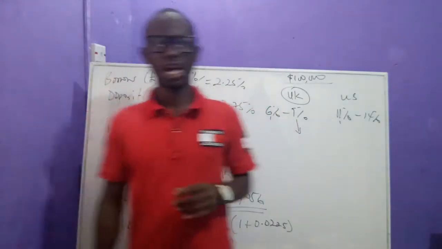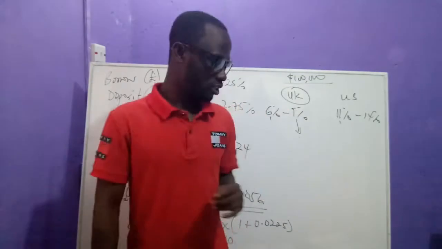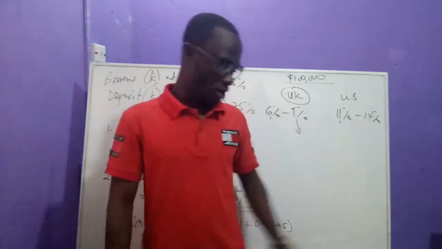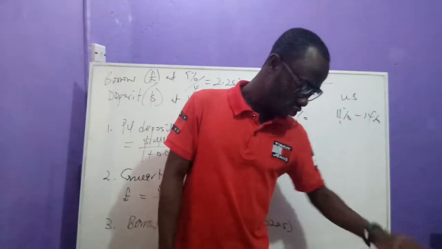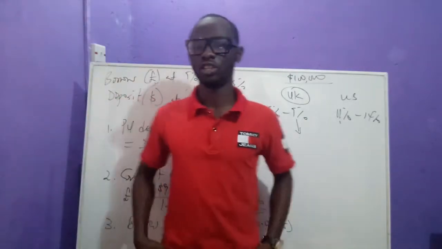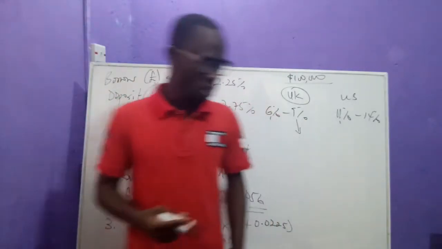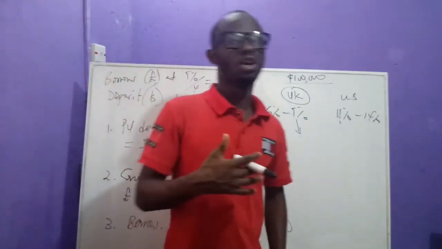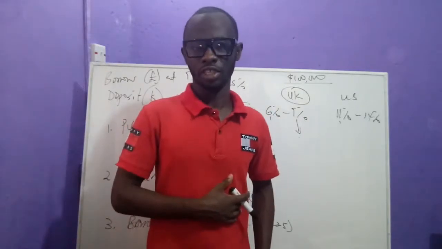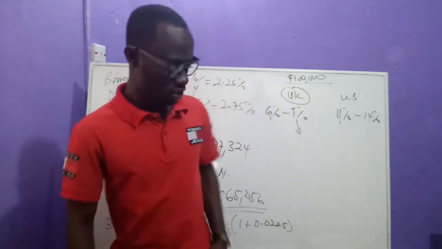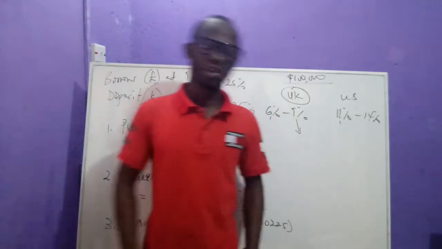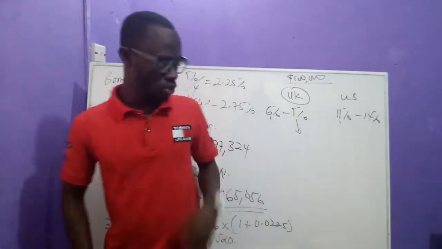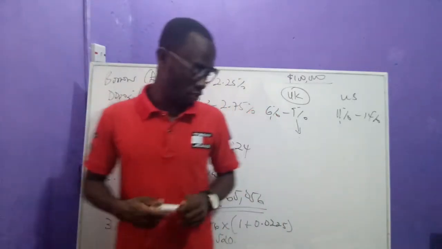So we've looked at the forward arrangement, and then we've considered money market hedge. The next one is to look at currency futures. Currency futures are also a foreign currency derivative that is used by companies in order to hedge foreign currency risks. So what are currency futures?